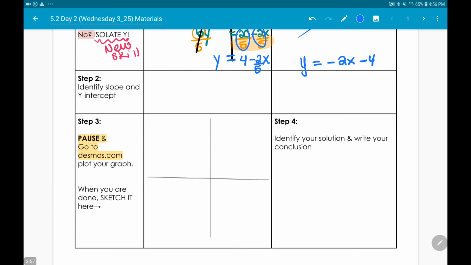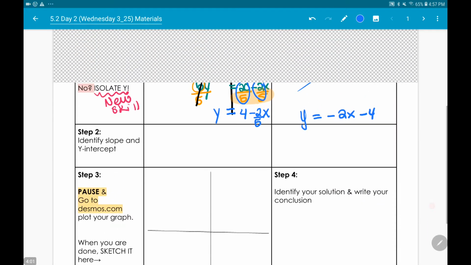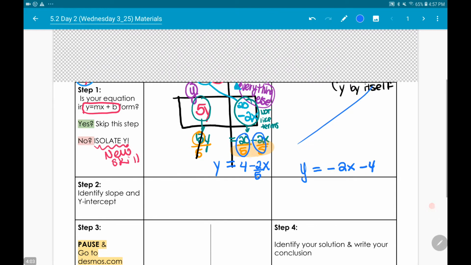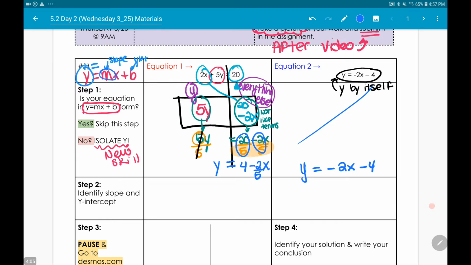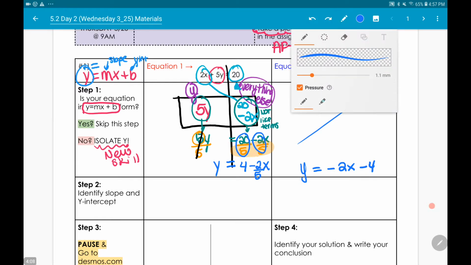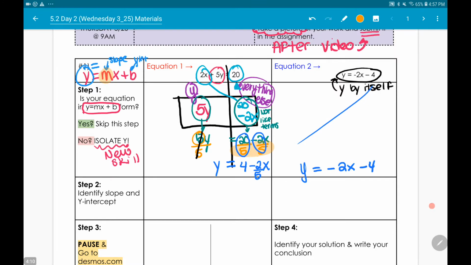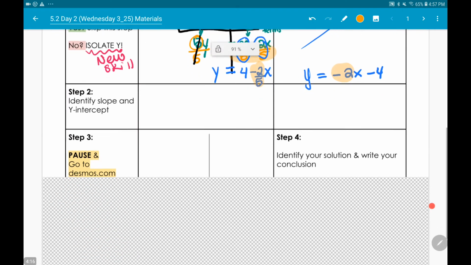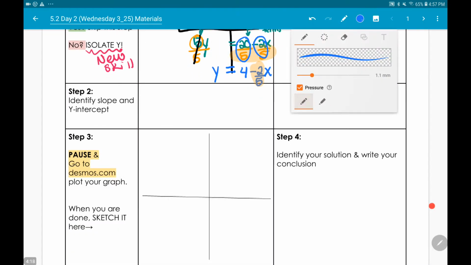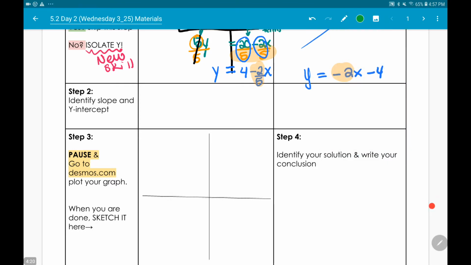Identifying my slope and my y-intercept. Remember, slope, like I wrote up here, goes next to the x. Let me get a different color. So in this case, what's next to my x is here, what's next to my x is here. Even if it's rearranged differently, that's okay. All right, my slope is always next to my x.